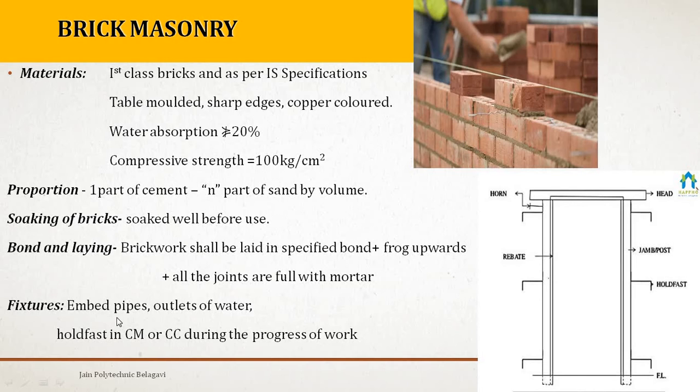So those should be done during the progress of the work itself. So hold fast in cement mortar and CC. It means these hangings which are there, the hold fast are fixed at the frames of the doors or windows, and these hold fast should be filled with cement mortar and concrete during the progress of the work.